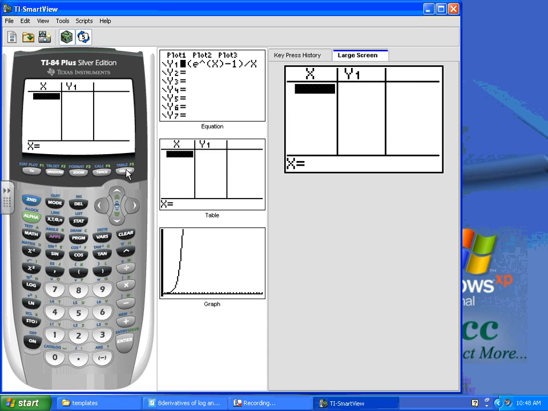For x approaching from the left-hand side towards 0, I could put negative 0.1, negative 0.01, negative 0.001, right? Approaching from the right-hand side, you're going to need values like 0.1, 0.01, 0.001.